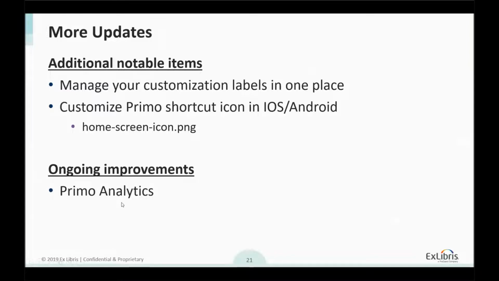And an additional improvement in Primo Analytics: in addition to the features that we are now releasing, we are adding usage information. We also have an ongoing effort to support analytics for features that we previously released. With this release, we are going to have usage information for the virtual browse.